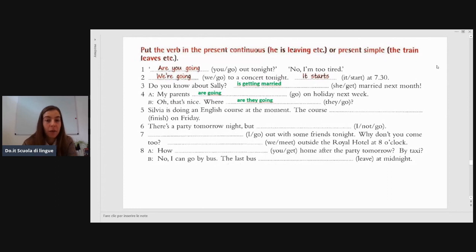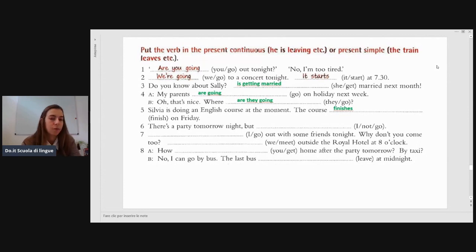Very good, finishes. Perché finishes? Come mai finishes se io so che 100% finirà? Beh, perché appunto è il corso. Il corso c'entra con orario, ok? Quindi è qualcosa nella scheda pianificato e bisogna usare present simple. È nella stessa categoria delle partenze, degli orari, delle schede fuori dal nostro controllo. So the course finishes on Friday. Ok. What?